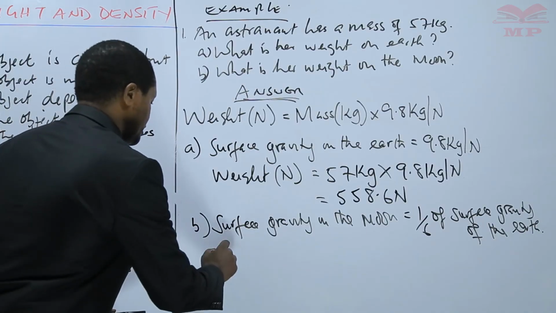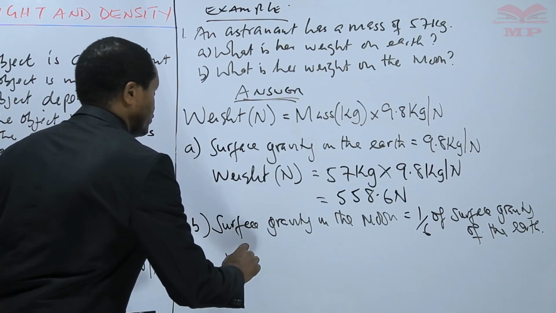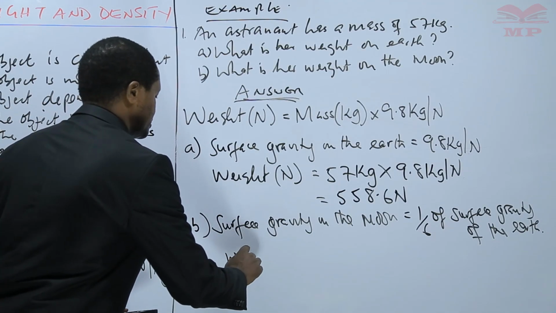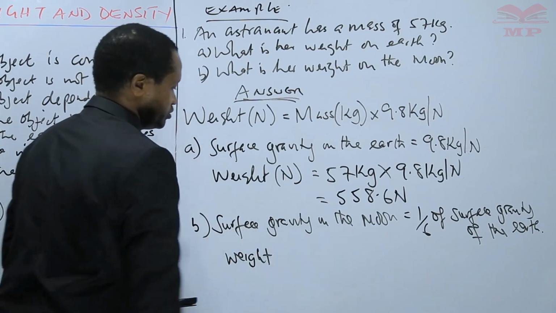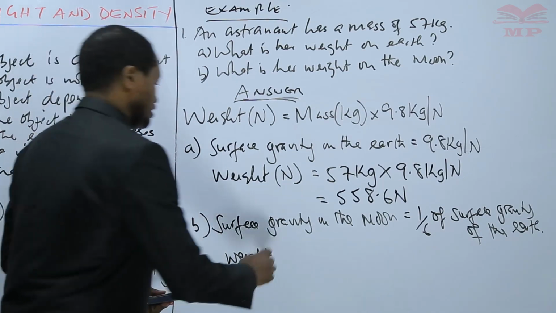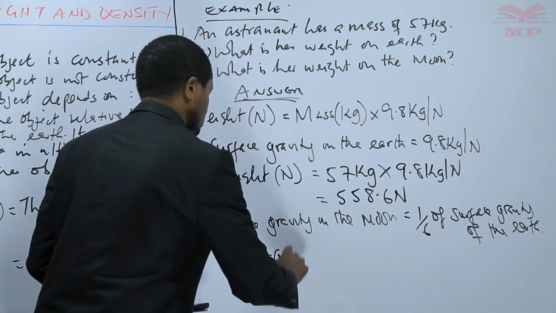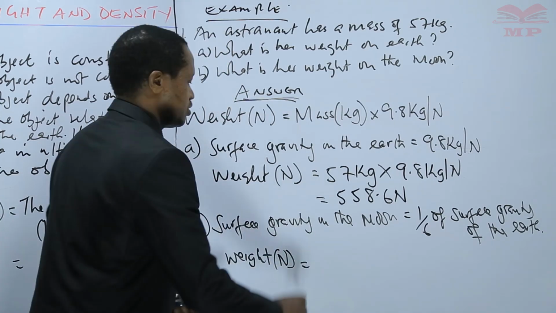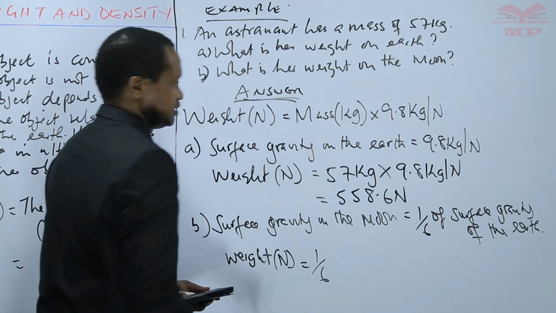So the weight of 57 kilograms on the moon, the weight in newtons, will be equal to 1/6.